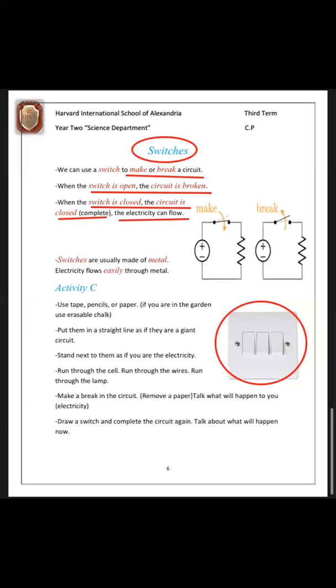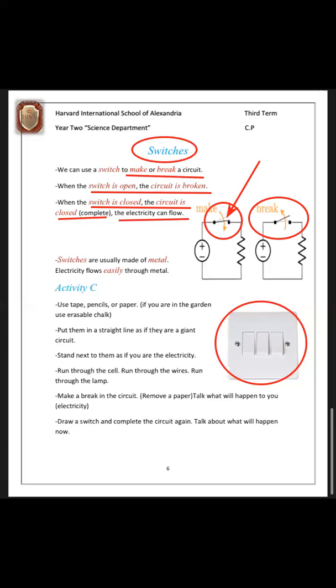Okay? See these two drawings on your right side? Up in the drawing, you're going to find the switch. In these two areas, you're going to find the switch. In the first one, you're making the electricity flow, so the switch is closed.